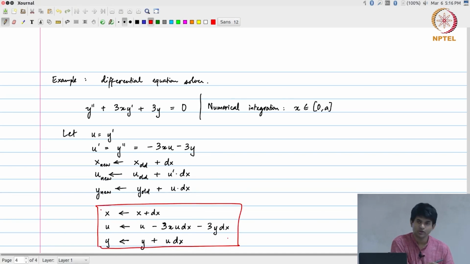So, I am going to draw a data flow graph corresponding to this and use that as my starting point.